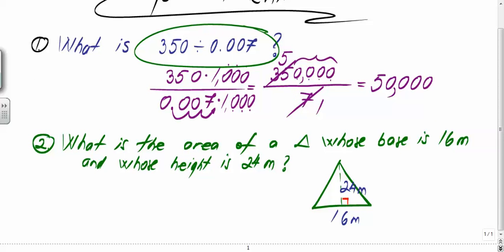Alright, in Unit 1, we're going to review a few of the basic geometrical formulas and properties, or topics if you want. And one of them refers to the area of triangles, right?